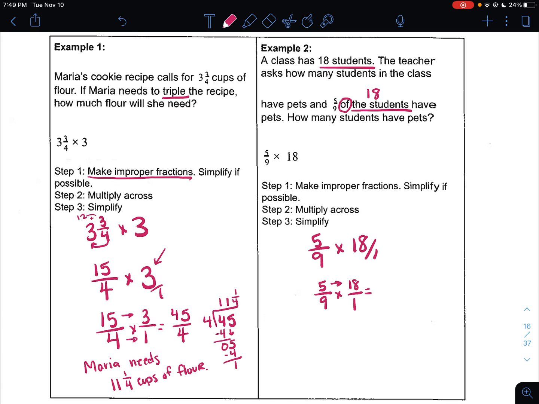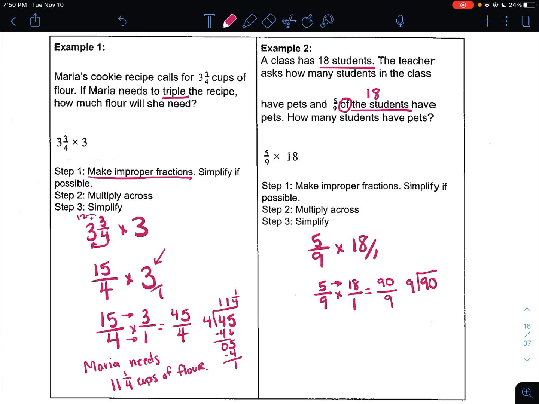So you do 5 times 18 to get 90, and 9 times 1 is 9. Okay, so we have 90/9, and we need to figure out how many students that is. Let's hope it's a whole number because we're talking about children here. It should be a whole number.